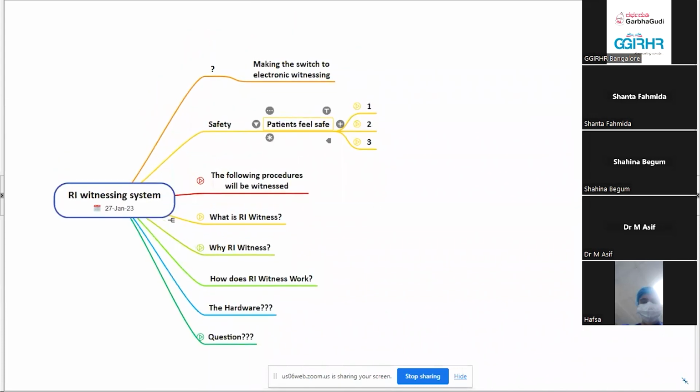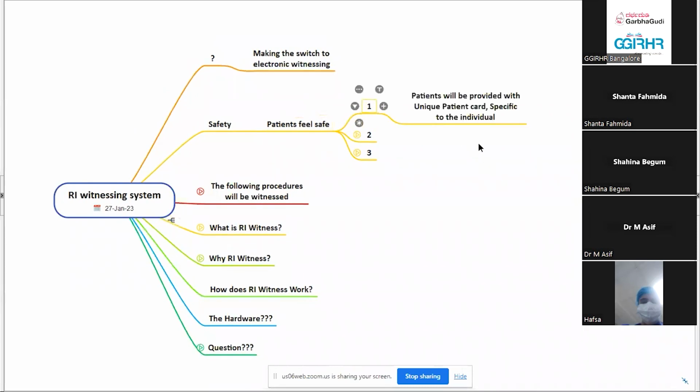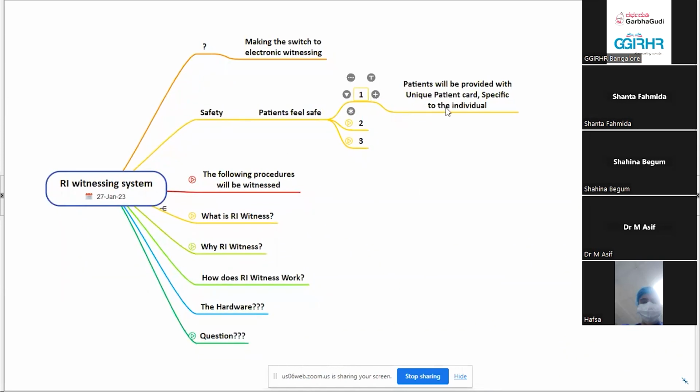One, once the patient walks into the IVF hospital, they are provided with a unique patient card with a number specific to that patient only. That number won't be repeated. If you explain this, the patient will feel safe.